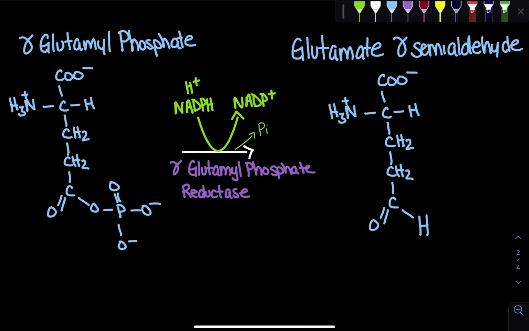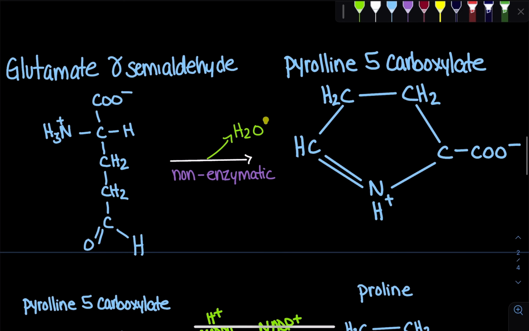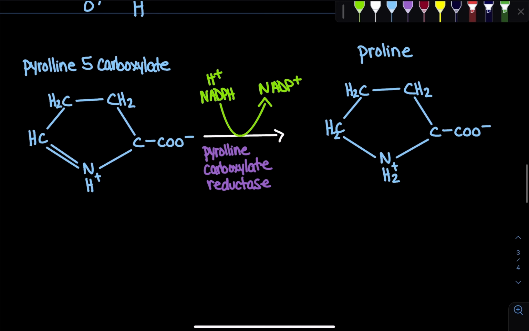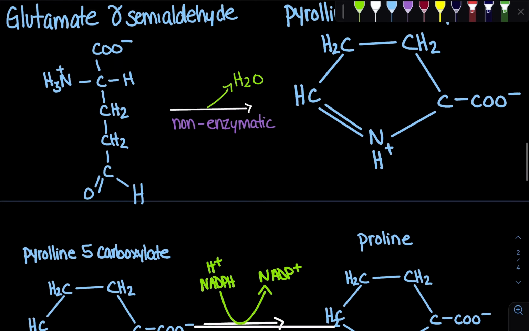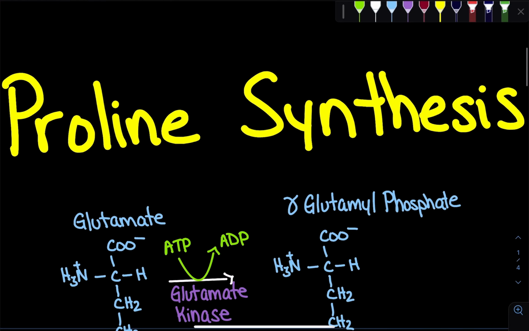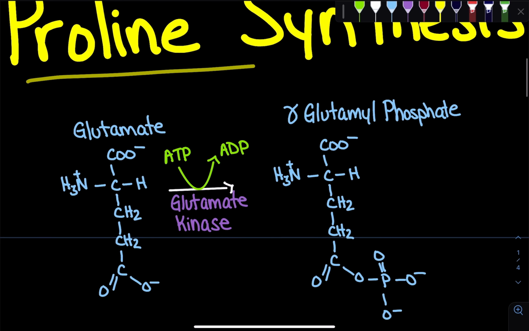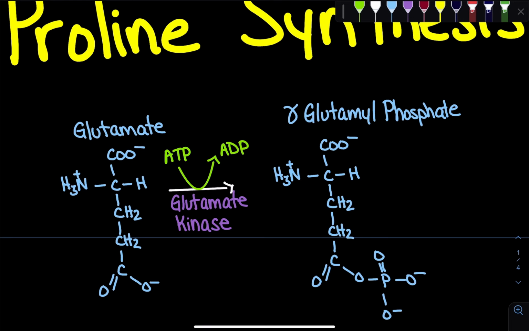So there was first a phosphorylation, a reduction, a non-enzymatic dehydration, and then another reduction to yield proline. And that's essentially how you synthesize proline. And remember, it all starts from alpha-ketoglutarate. Alpha-ketoglutarate first gets converted into glutamate, and then glutamate can convert into proline.